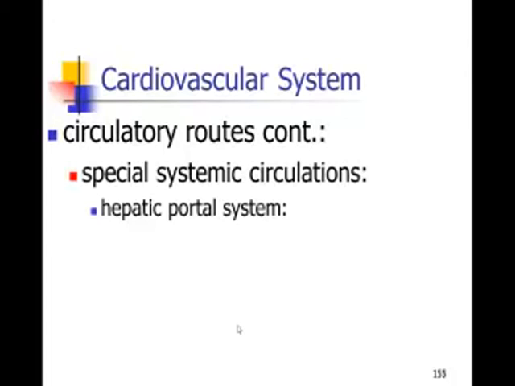Now we also have a couple of special situations with respect to circulation, specialized circulatory systems, if you will, subsystems. And one of them is the hepatic portal system. This turns out to be really important. It's not just a curiosity.